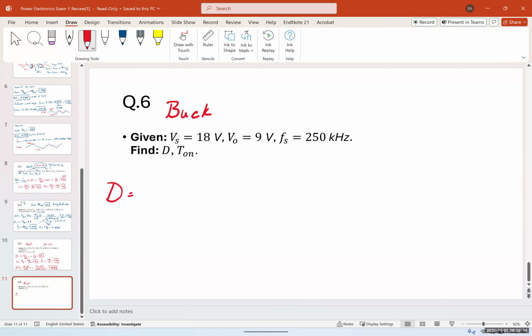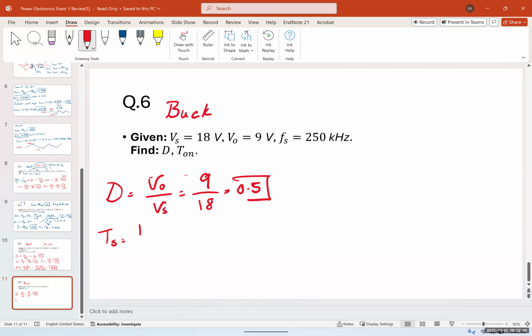Perfect. D for a buck converter is V out over Vs, which would be 0.5. And you can write it like this. That means 9 volts over 18 gives us 0.5. And what else? Oh, we wanted to find T on.